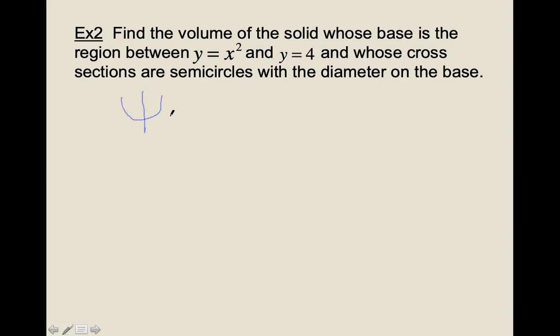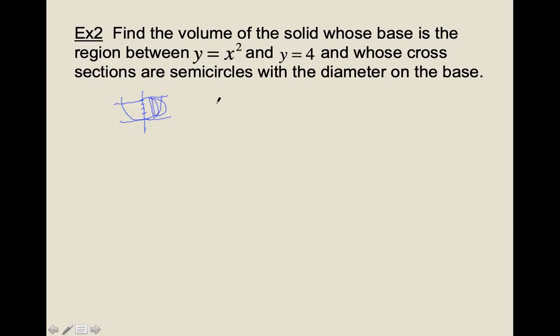Here, I'll put my beautiful axis here, 2, 3, 4. Again, this is the base, but this time we have semicircles coming up off the base. We have infinitely many of those coming up to form a solid. It'd look like, I don't know, half a snowball shape or something.